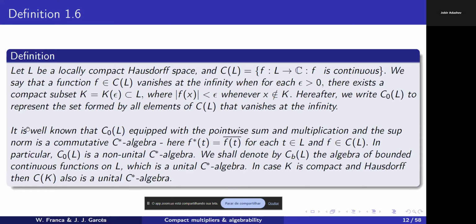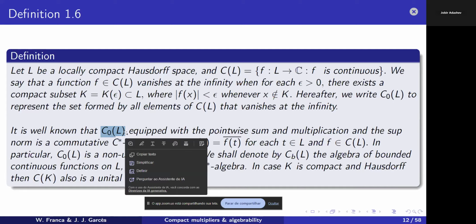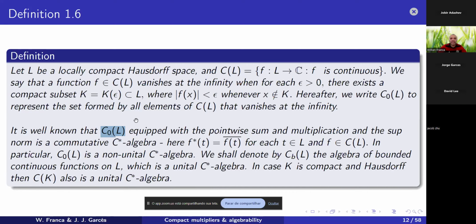One thing that's really important to mention is the following: C0(L) is actually a C star algebra, where in this case the involution is essentially the complex conjugation.